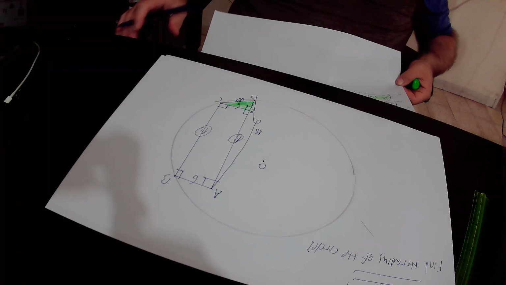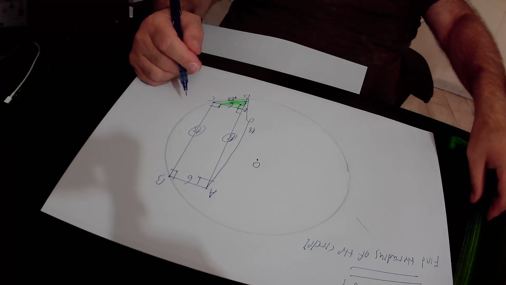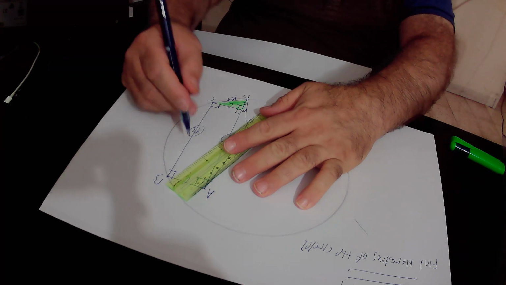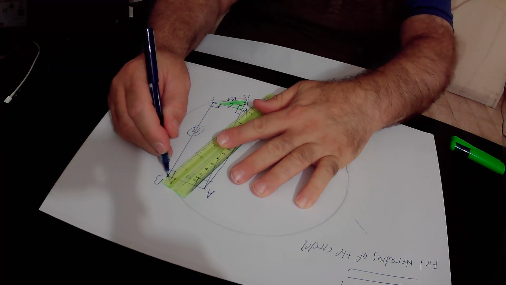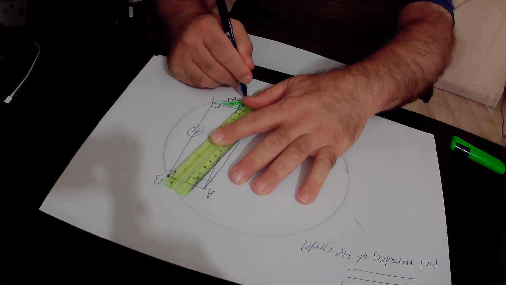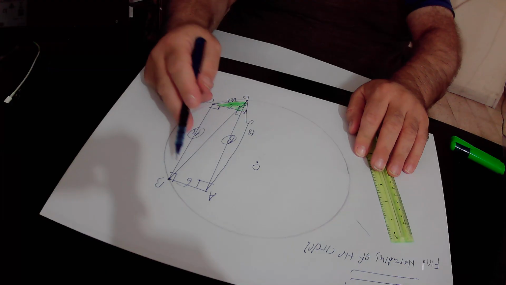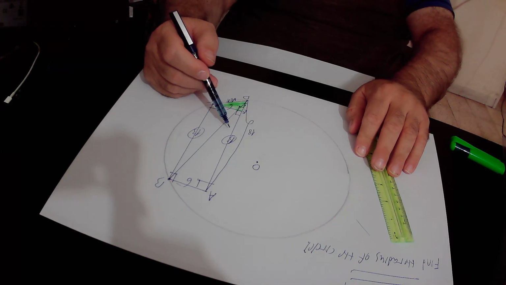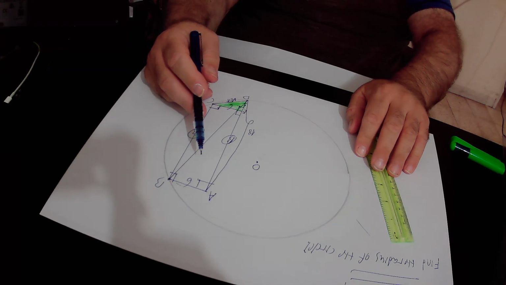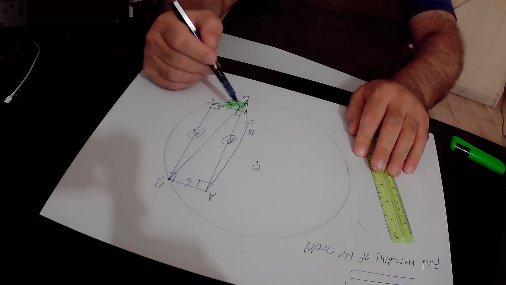In the next step, we will join points B and D together by a straight line. By joining points B and D, we actually created the right triangle ABD. In the next step, we will implement the Pythagoras theorem on the right big triangle ABD.